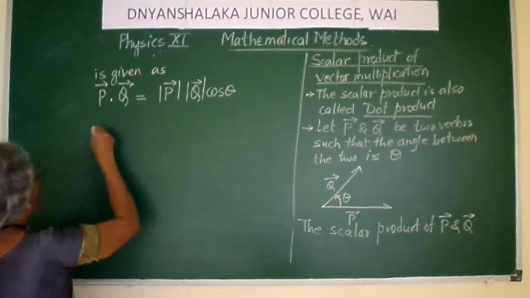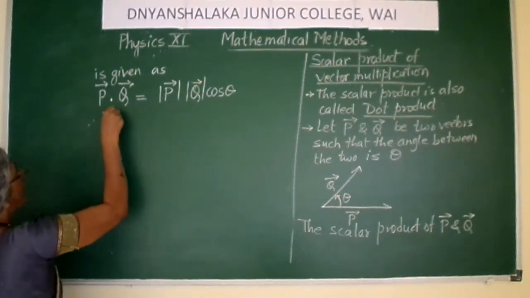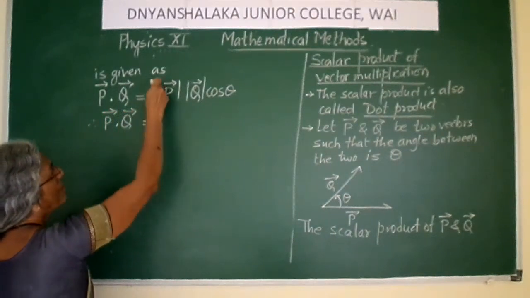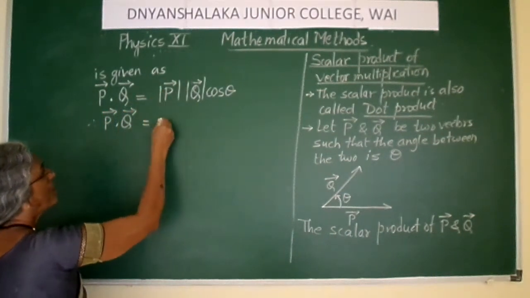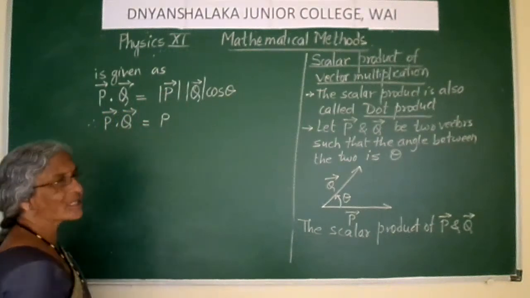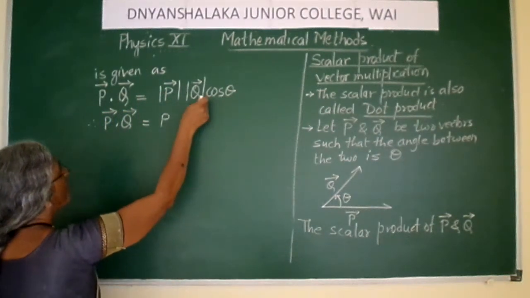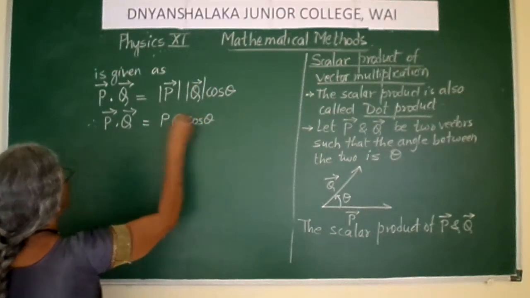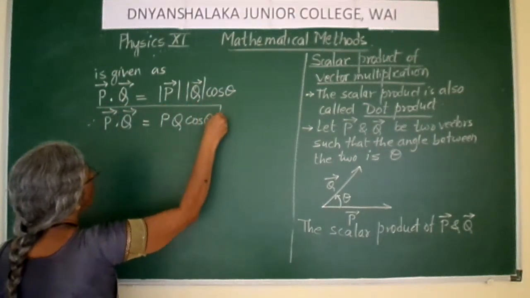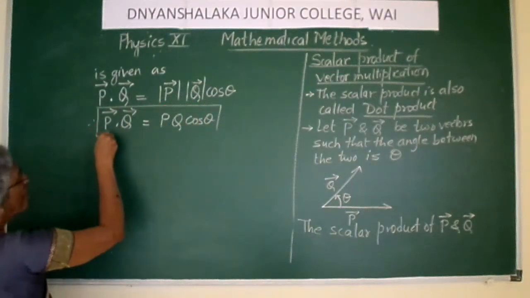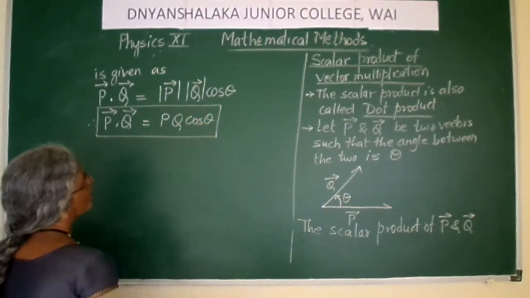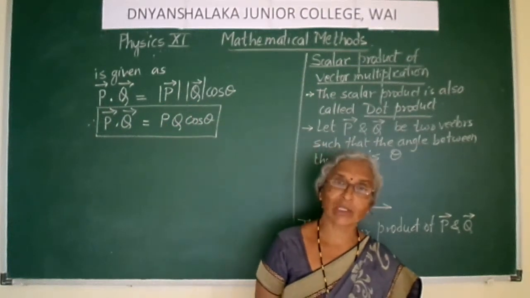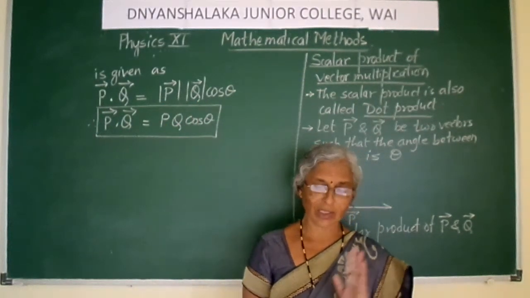So I give vector P dot vector Q equal to, now this magnitude of vector P I can also represent as simply P, magnitude of vector Q I can write as Q, cos of theta. So what is the scalar product of two vectors P and Q? Vector P dot vector Q is equal to PQ cos theta.